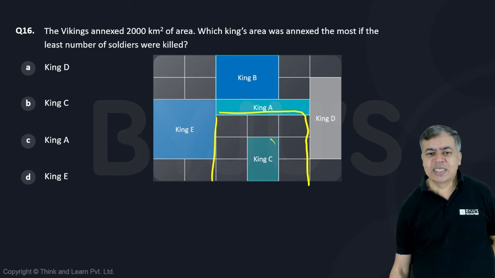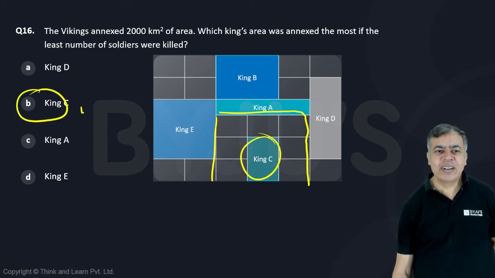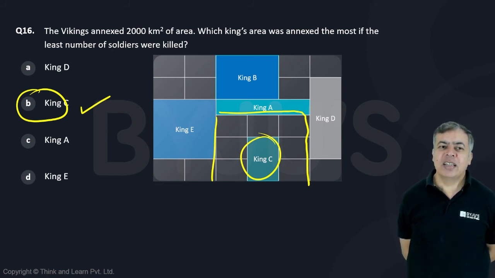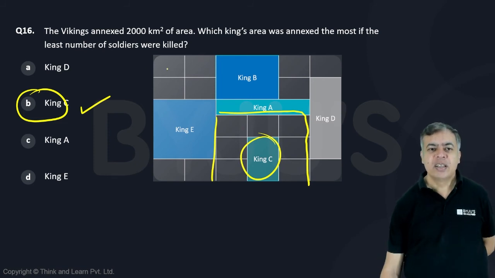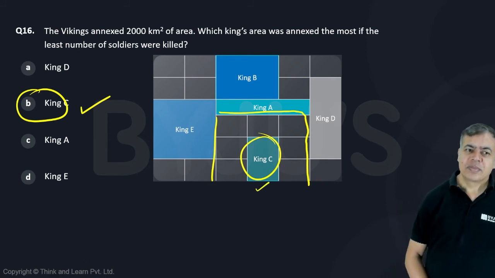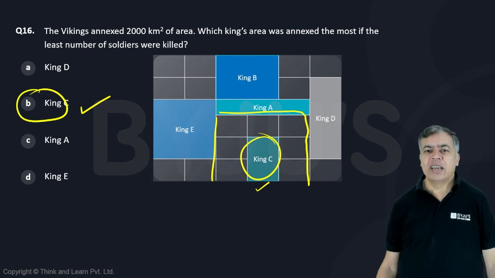So that means King C will go entirely. Because 2000 only in the first question we have taken, right? In that, entire King C we took. So which king's area was annexed the most? So King C, the entire area.